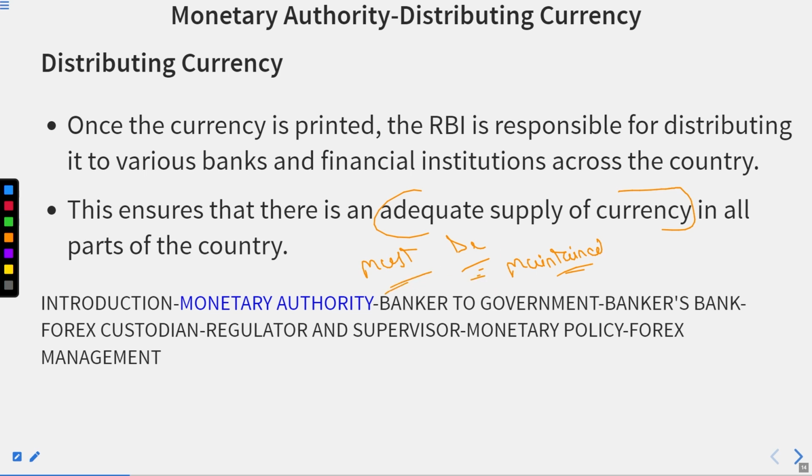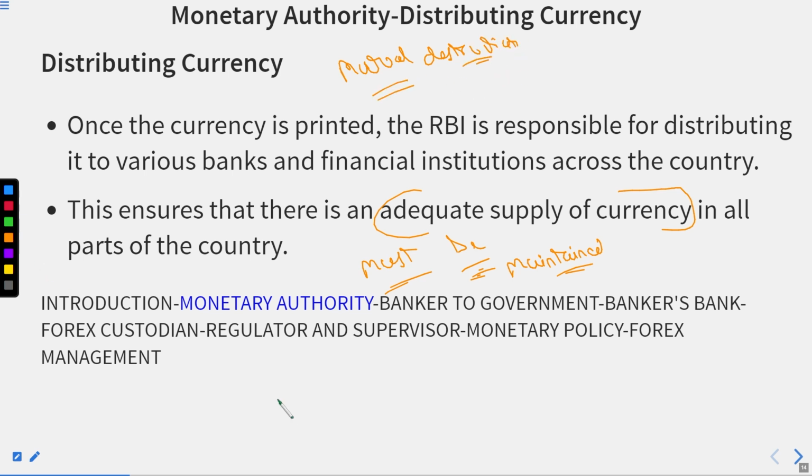Because if there is any concentration of the currency, or any inclination of the currency toward one particular segment or sector only, it will be a mutual destruction case for both the sectors. Why?